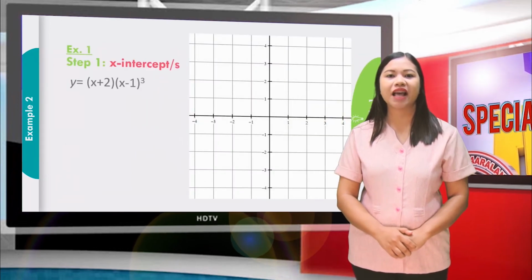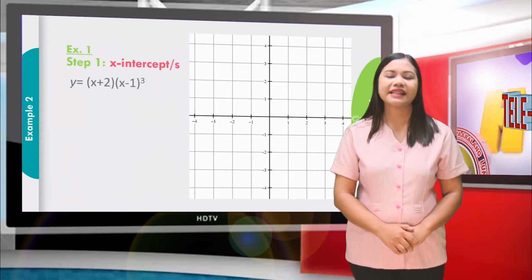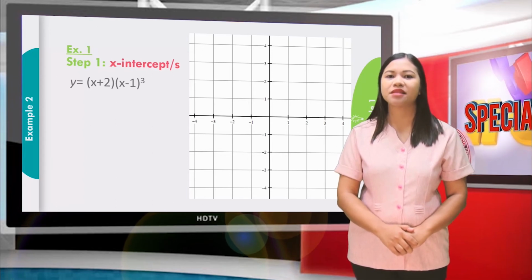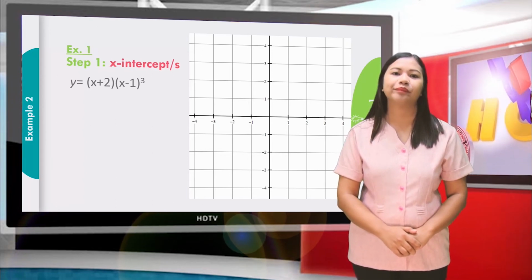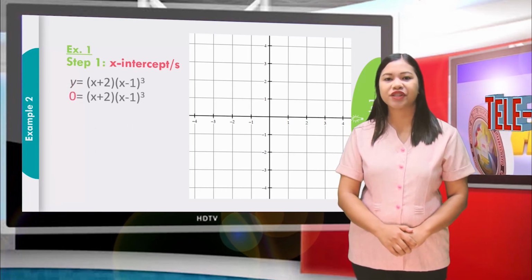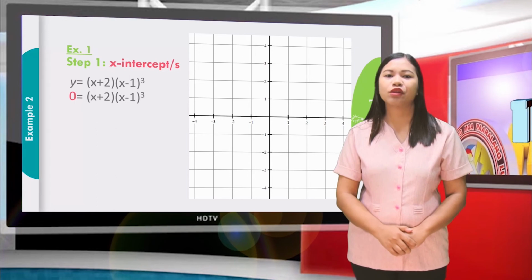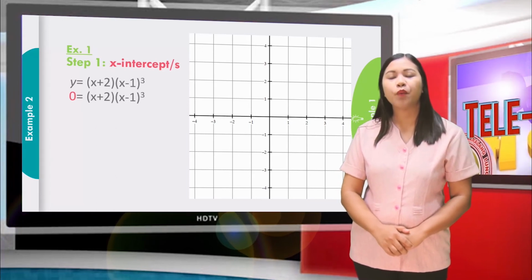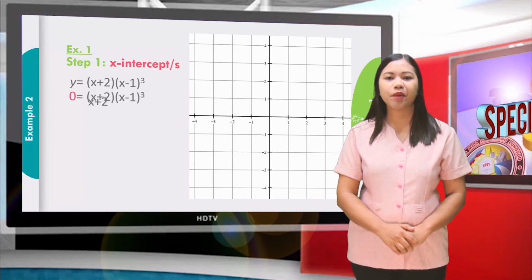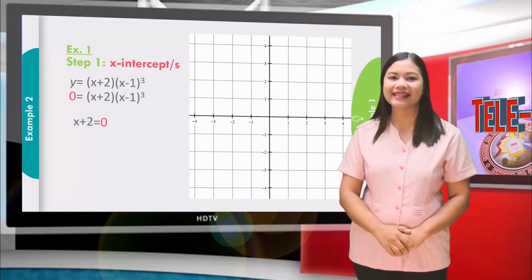Consider this first example. Y is equal to quantity x plus 2 multiplied by quantity x minus 1 cubed. Again, the first step is to find the x-intercepts. Since it is already in factored form, we can now let y be equal to 0. Then apply zero product property to solve for x.